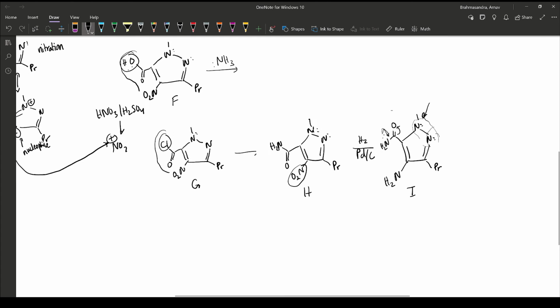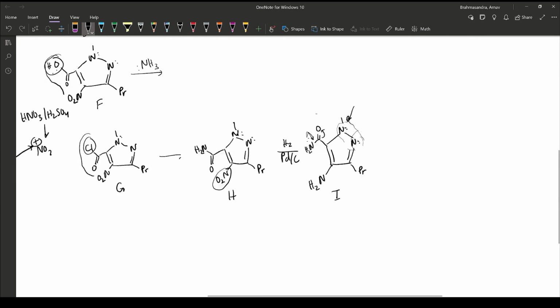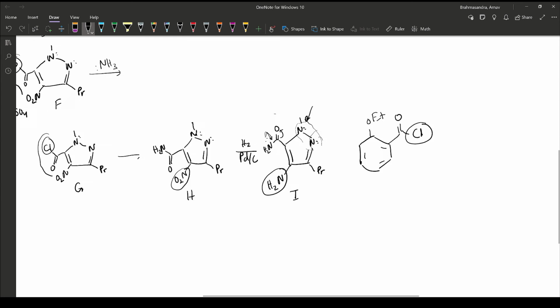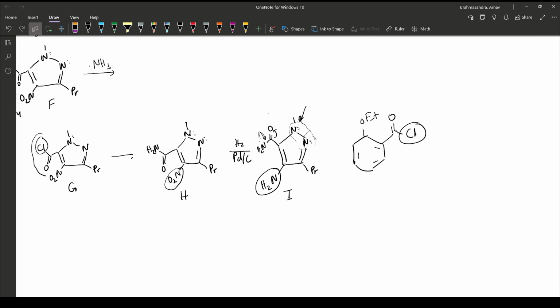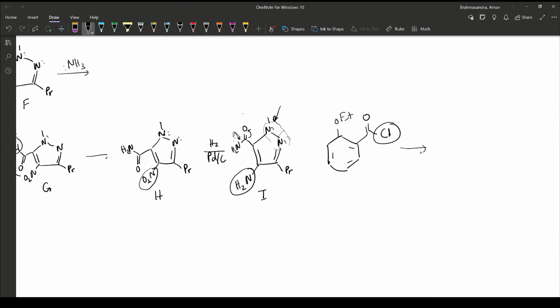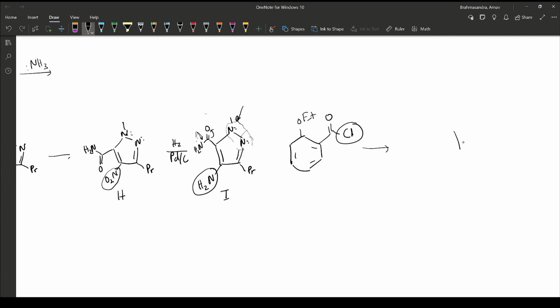So let's react that with our C. And C, just as a reminder, is this guy. So basically this amine is going to replace this chlorine, and our final structure will look something like this. If we draw this out, we're going to have our pyrazole ring, with our propyl and our amide group like that.